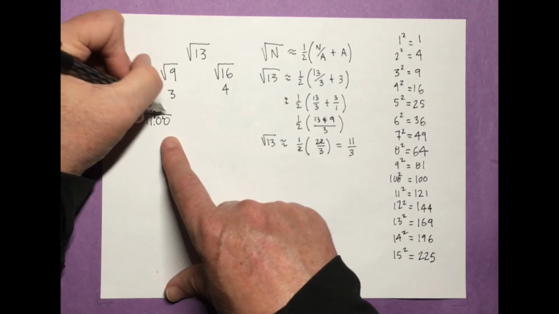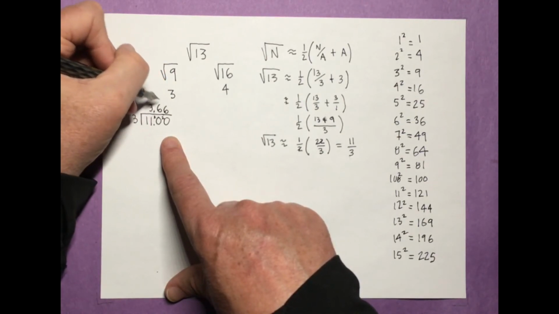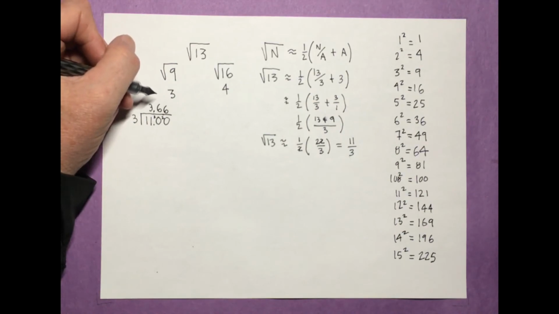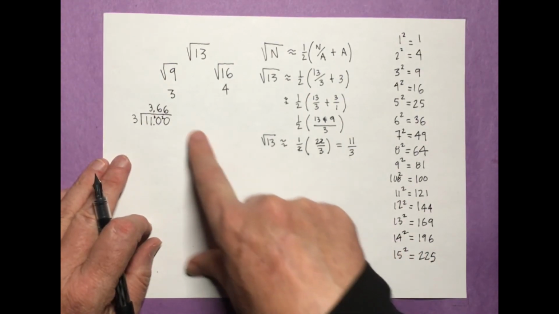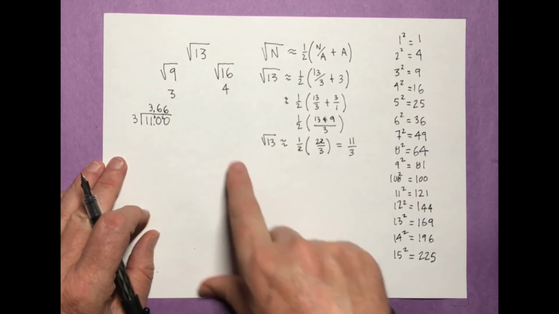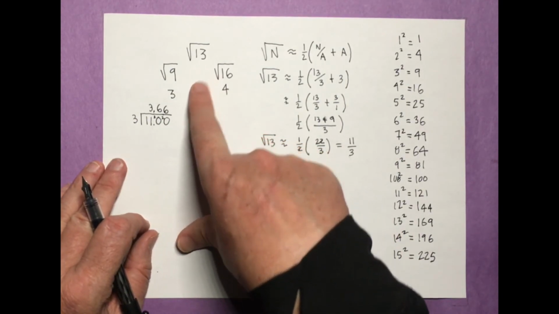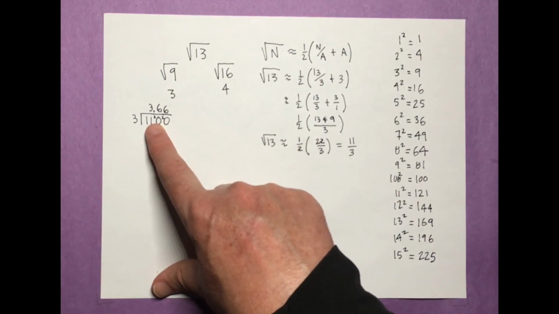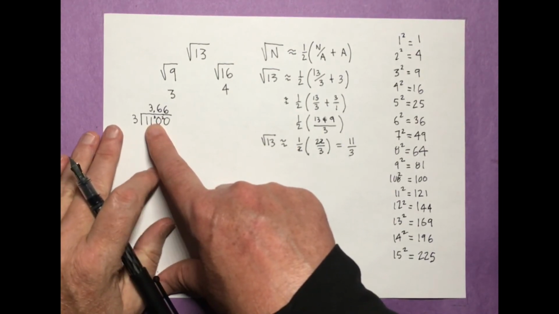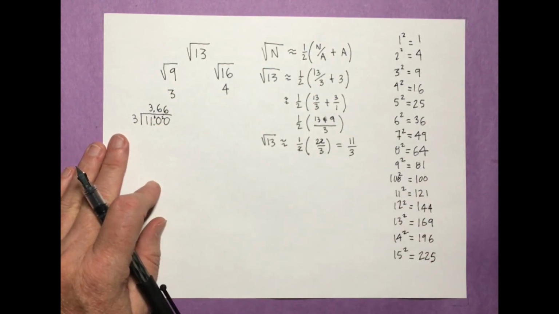Well, you see what's going to happen here. Let's just keep repeating. 3.6666666. So far, we figured out that apart from just being between 3 and 4, the square root of 13 is roughly 3.66. Now, we could stop there, rest on our laurels, but let's take it one more step.